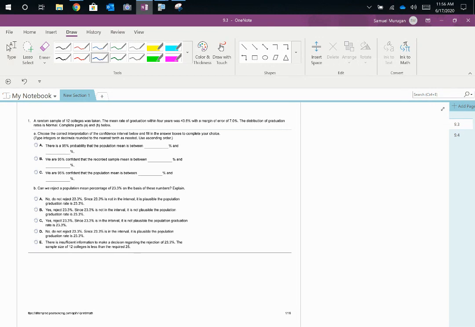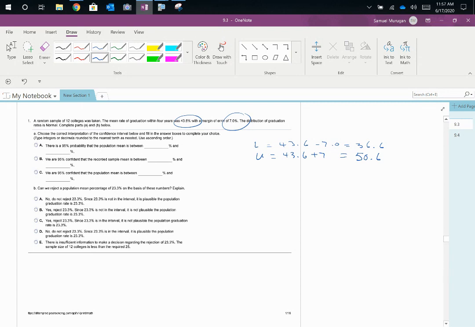So we have a mean of 43.6 and a margin of error of 7. The lower limit is 43.6 minus 7.0, which is 36.6, and the upper limit is 43.6 plus 7, which is equal to 50.6.